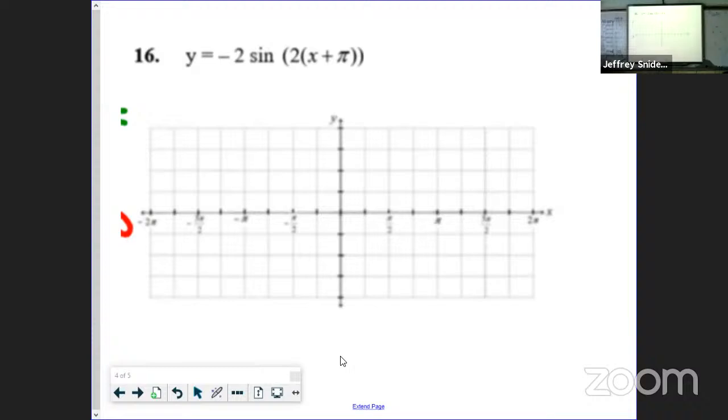I tried to do what I did up here, what he did up here. Because it's negative. Yeah, I understand, but I'm not sure.